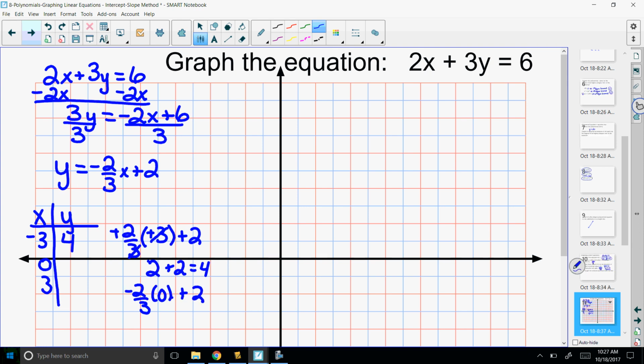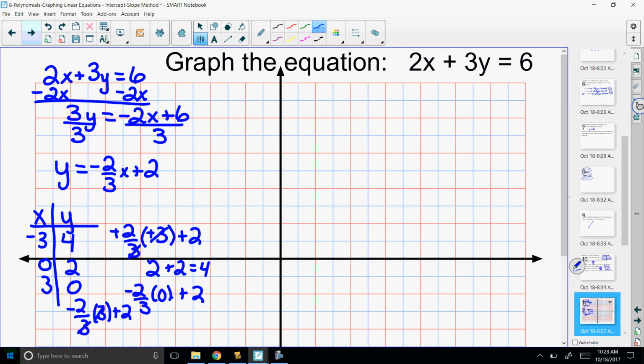Well, negative 2/3 times 0 is 0, and I just get 2. Now what happens if x is 3? If x is 3, the 3's cancel, or you get negative 6/3, which is negative 2. Negative 2 plus 2 is 0. I filled out my table.